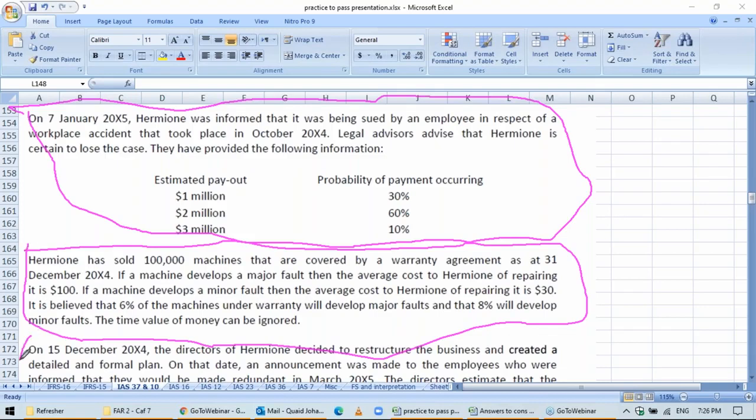And the third one is restructuring. So these are the three. First one is employee accident, sued by the employee. Second one is warranty agreement. They have to meet the warranty claims. And the third one is restructuring agreement. Okay, please go through the question.